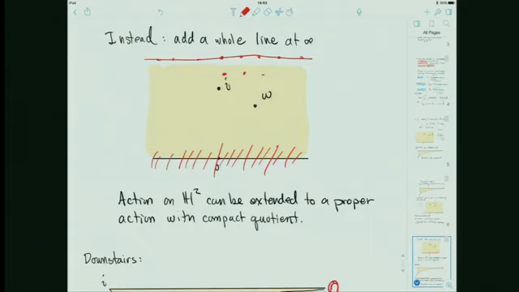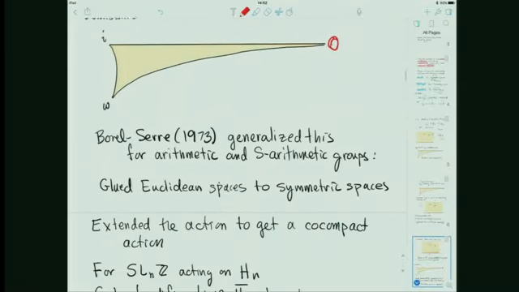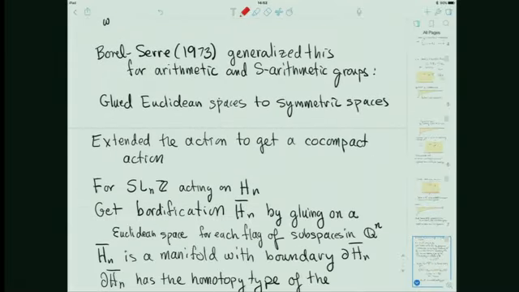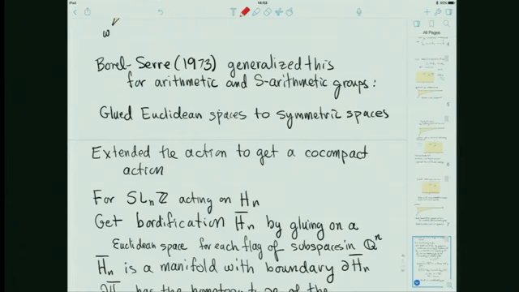Well, the rational points are the slopes of proper subspaces of Q squared. Okay, so we glued on a line for every proper subspace of Q squared. In general, you have to glue a Euclidean space every time you have a flag of subspaces. If you've got a two-dimensional space, then there aren't so many flags. The subspaces have to be proper.